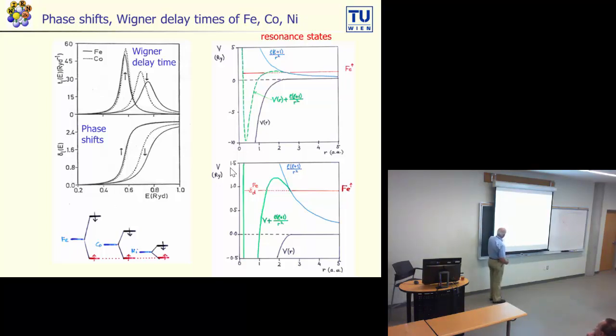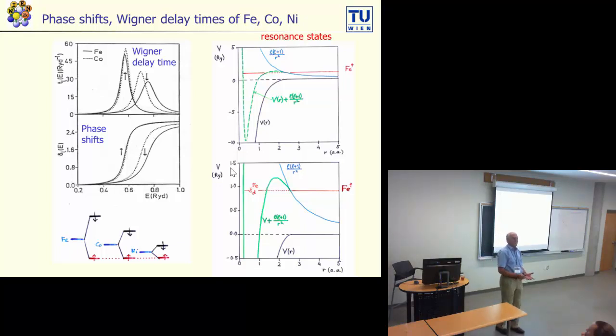Now then, for each of these states, we have an exchange splitting, the spin up and spin down states. And so let's take just iron, cobalt. If you take the spin up electrons, the energy of spin up electrons for iron and cobalt are identical, more or less, which you see here in the phase shift. But for the spin down electrons, they're different. This is this picture here.